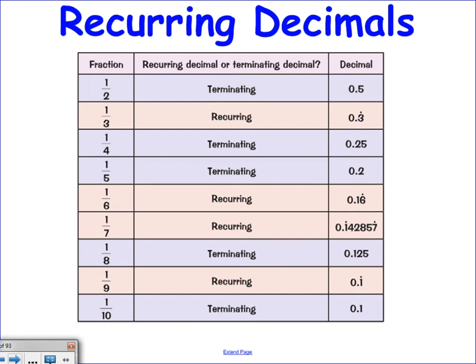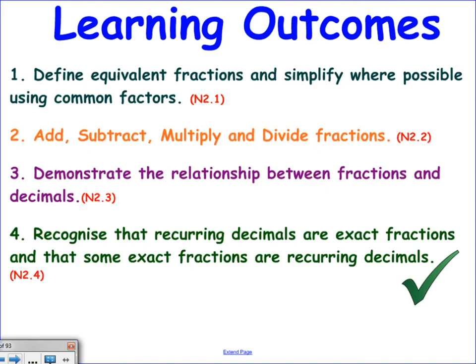An eighth terminates, we did that one earlier, 0.125. A ninth recurs, 0.11111111 forever, and then a tenth we know is 0.1 because we associate 1/10 with our decimal now, don't we? Okay, so just be aware of these definitions: terminating, recurring, and be aware of the dot over the number.